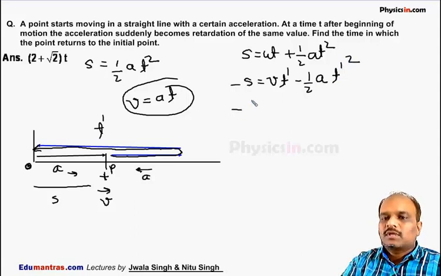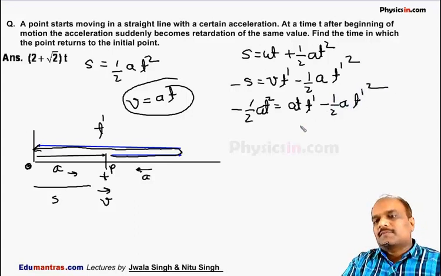So s comes out to be 1 by 2 a t square, is equal to v, which is at, into t dash, minus 1 by 2 a t dash square.